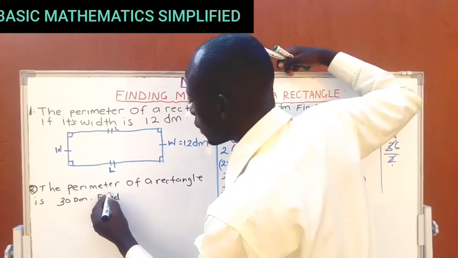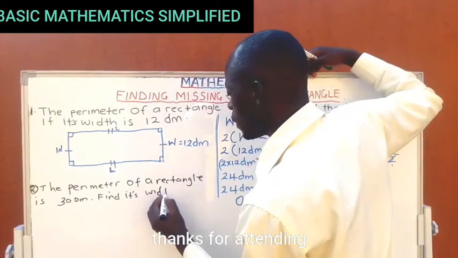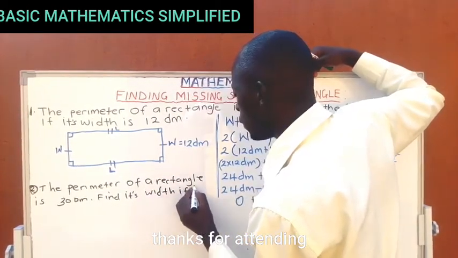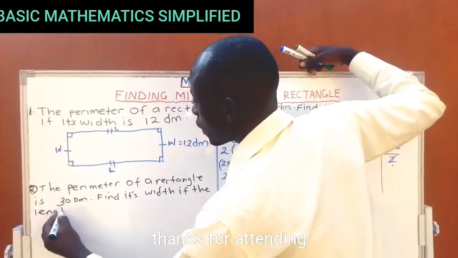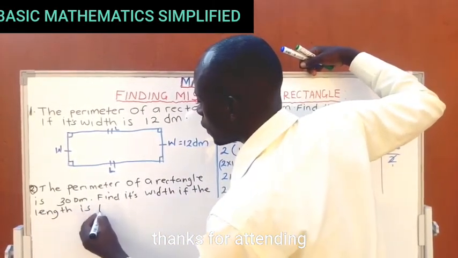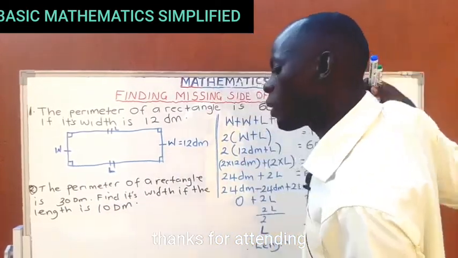Find its width if the length is 10 decameters.